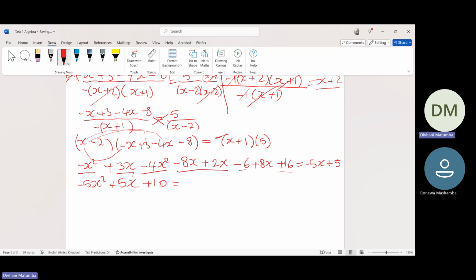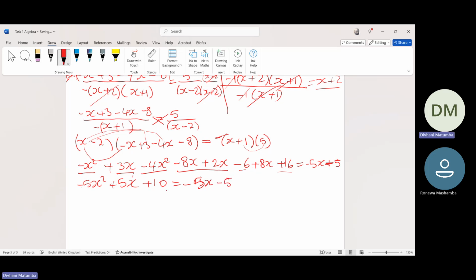And then this is equal to minus 5x plus, is it plus 5? No, it's a minus 5, isn't it? It's a minus 5. Yeah. Okay, so this will be a minus 5.